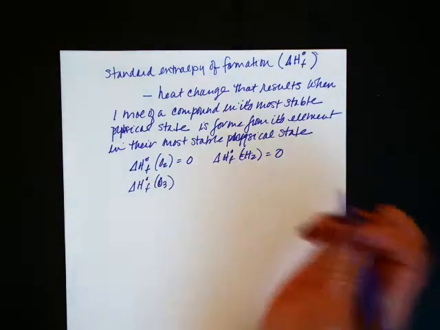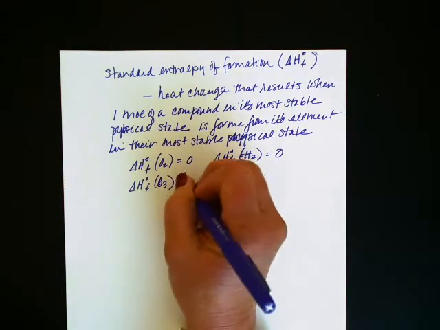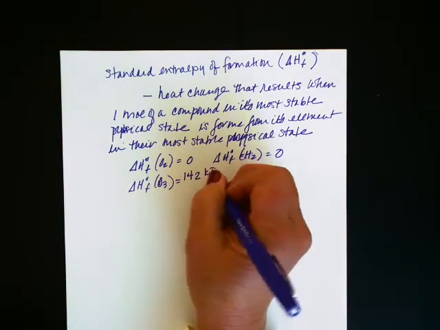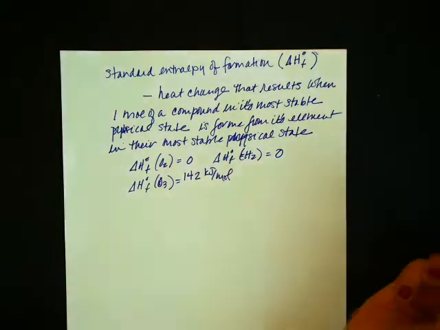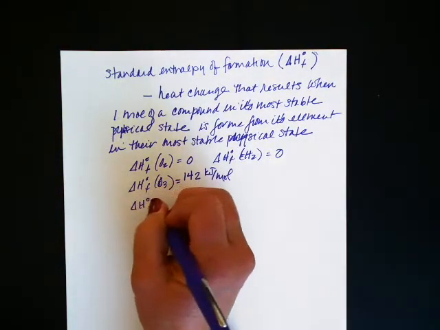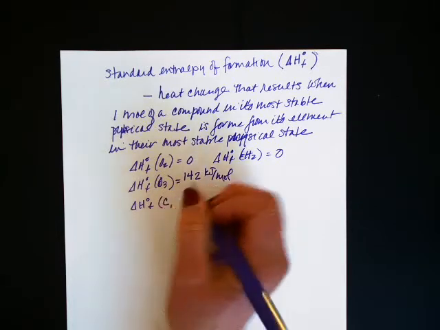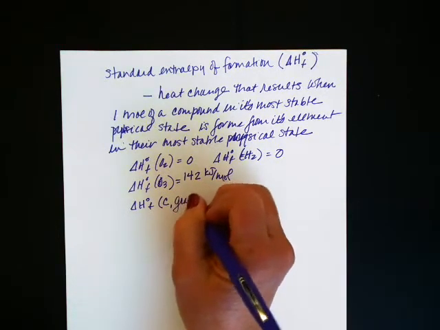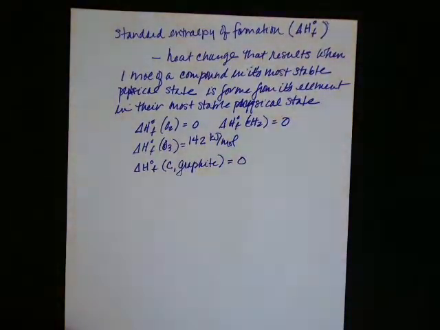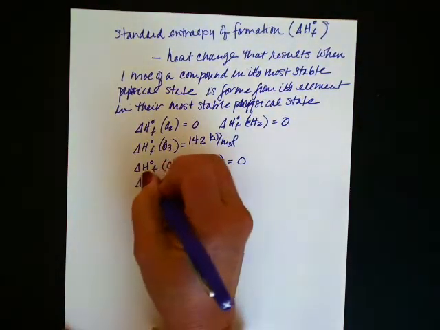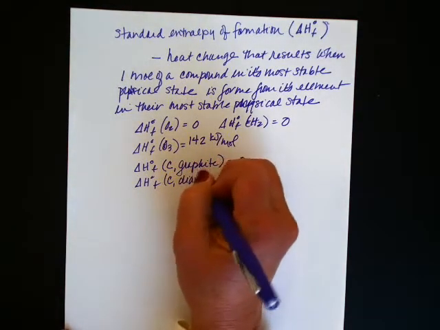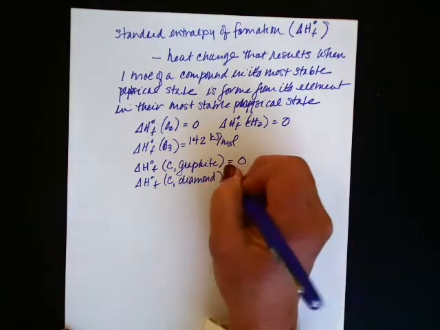This has a heat of formation of 142 kilojoules per mole. Another example, standard heat of formation of carbon in the form of graphite, which is its most stable physical state, is 0. But the standard heat of formation of carbon in diamond has a delta H of 1.90 kilojoules per mole.